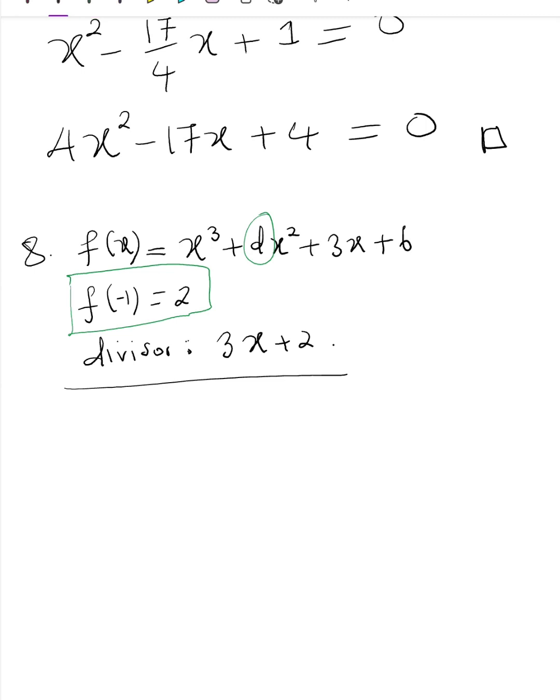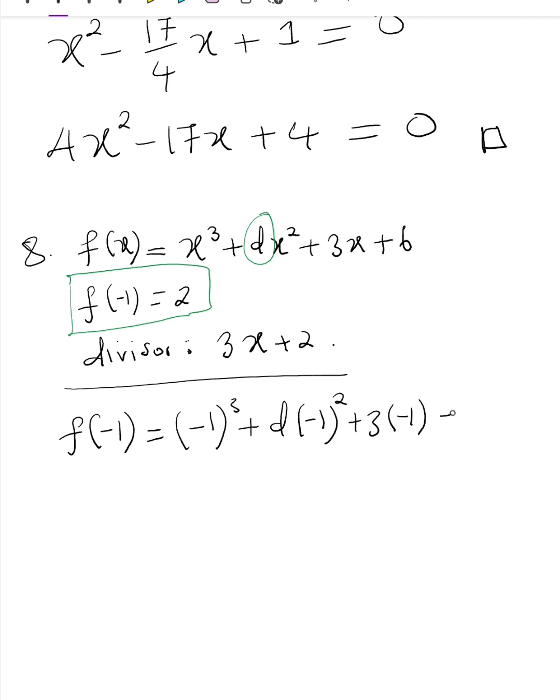Now what is f of negative 1? Where there is x in the function, I put negative 1. This is negative 1 power 3 plus d times negative 1 squared plus 3 times negative 1 plus 6. I know that this expression is equal to 2, right? So I have negative 1 plus d minus 3 plus 6 is equal to 2.